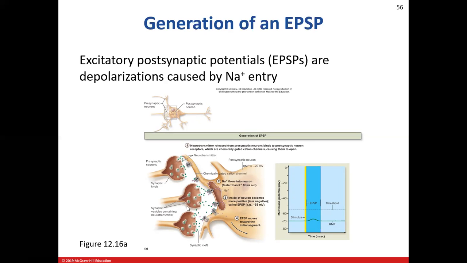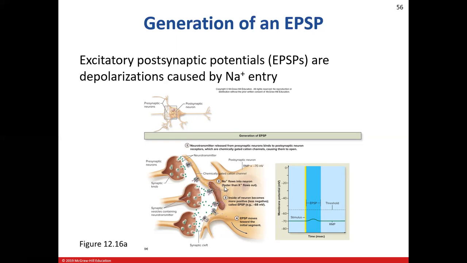We have, in this case, numerous neurons synapsing with the particular postsynaptic neuron. As the neurotransmitter is released, it's causing the opening of these chemically gated cation channels. And these ion channels are allowing sodium to flood into the cell, which makes the cell more positive.